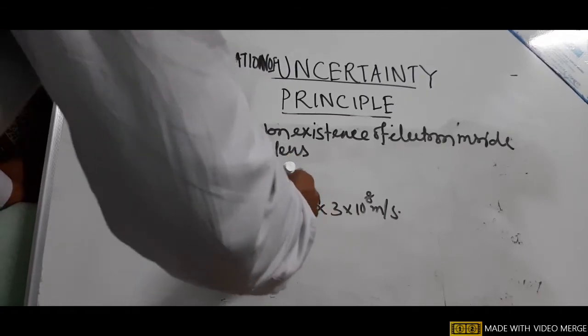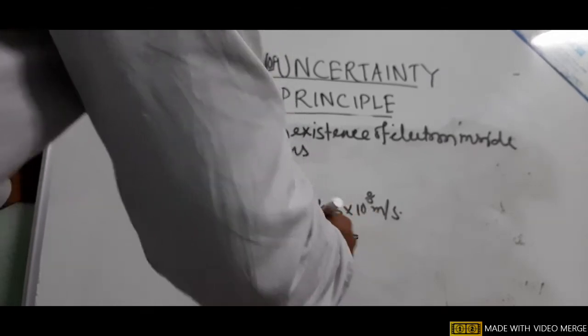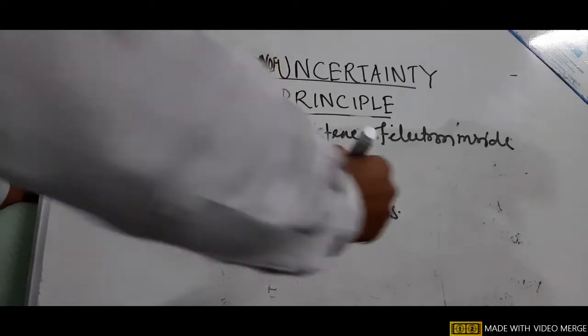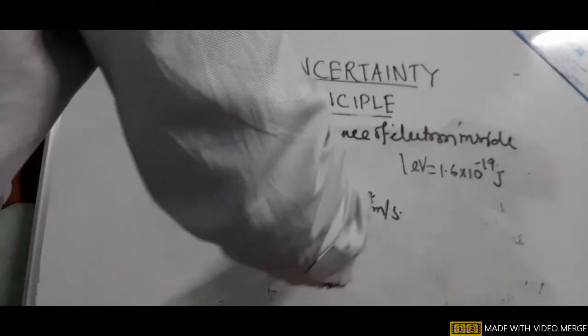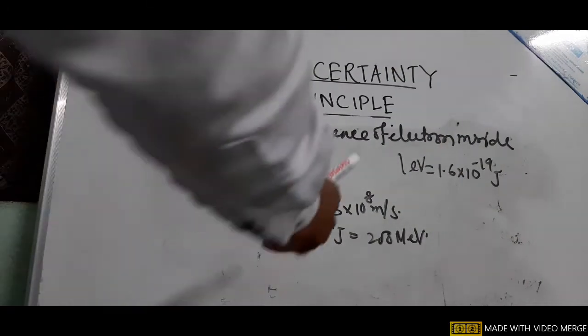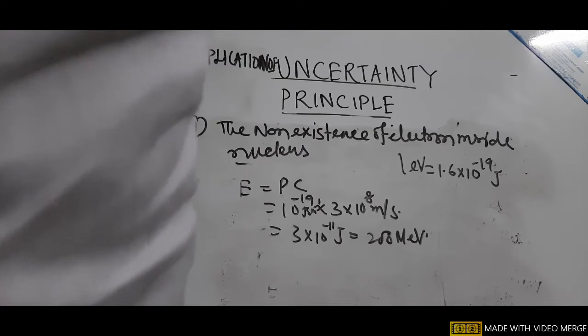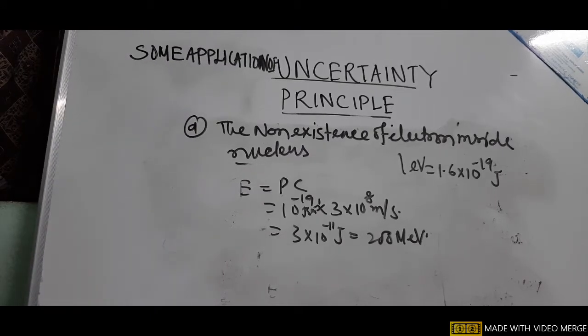So this will be almost 3 into 10 to the power minus 11 joule. If you convert into electron volt, because 1 electron volt equals 1.6 into 10 to the power minus 19 joule, you divide by 1.6 into 10 to the power minus 19, and it will be nearly 200 million electron volt. So if the electron is present inside the nucleus, within a distance of 10 to the power minus 15 meter, it will have the energy 200 MeV.